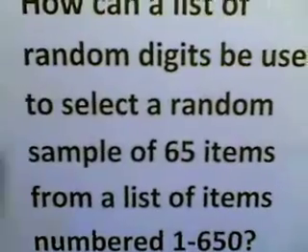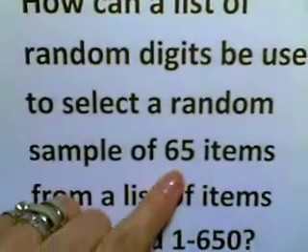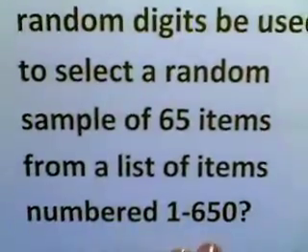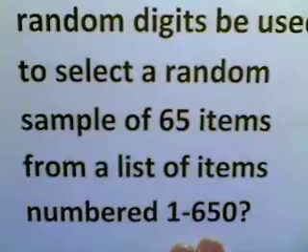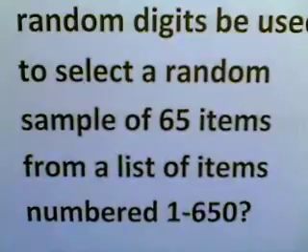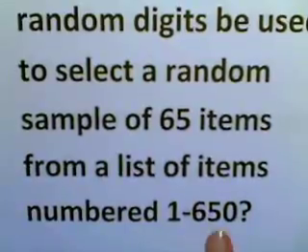In the next example, it asks that we choose 65 questions from 650 possible questions on the list. So now I have to go down 3 digits at a time.